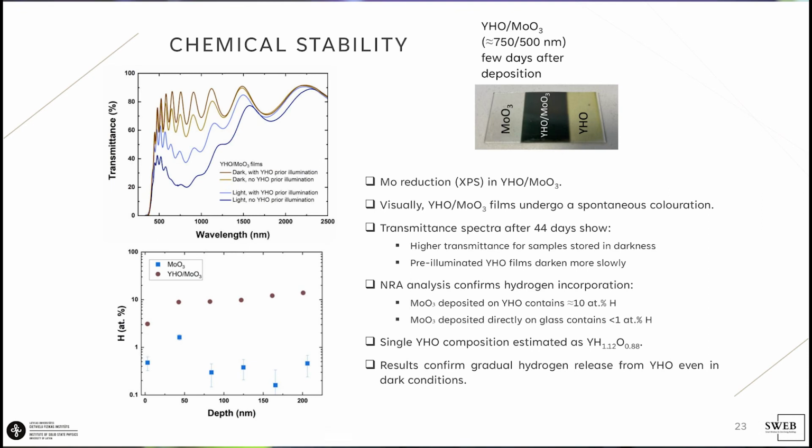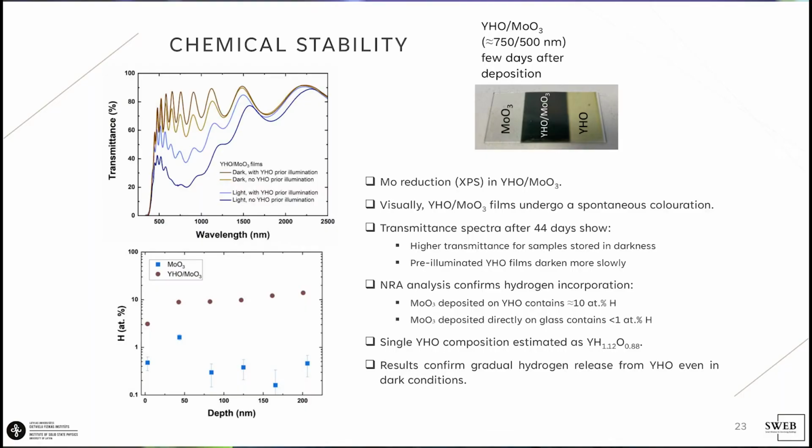This is the dark blue curve. Although if we pre-illuminate the films and keep them in the dark, the transmittance doesn't change. So in principle, we can use this bilayer structure as an indicator of whether or not there was some illumination of the sample over time.